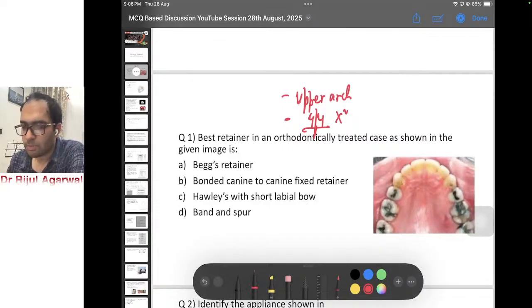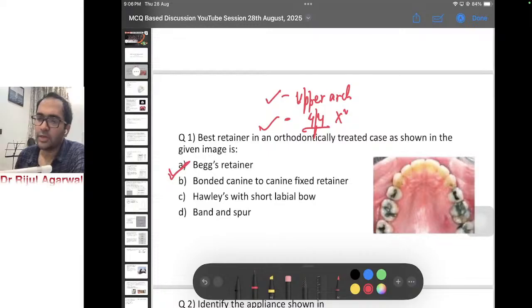Nimisha says option B, bonded canine to canine fixed retainer. So these two things we can grab from the image description. Anyone else? Okay, so the correct answer is Begg's retainer.